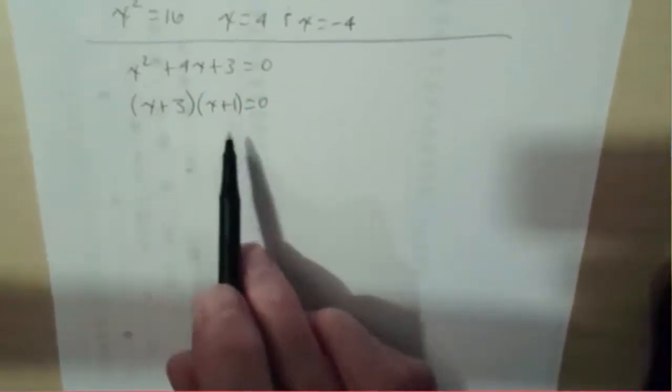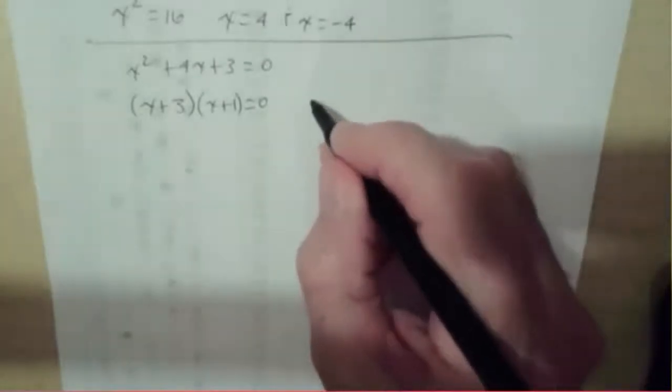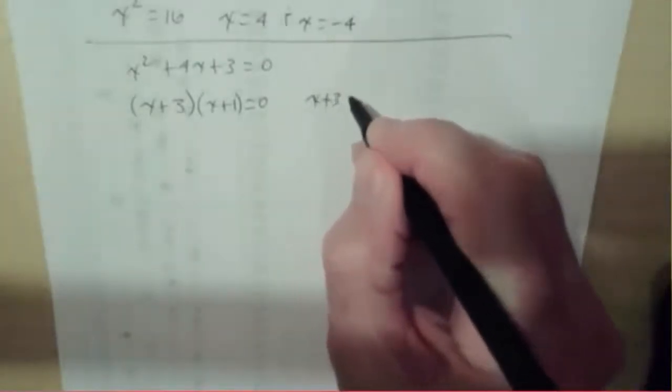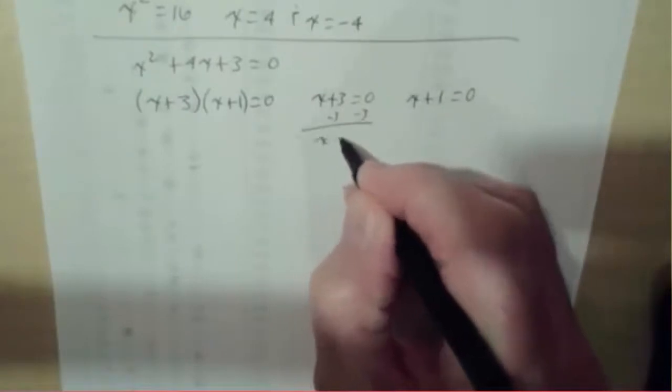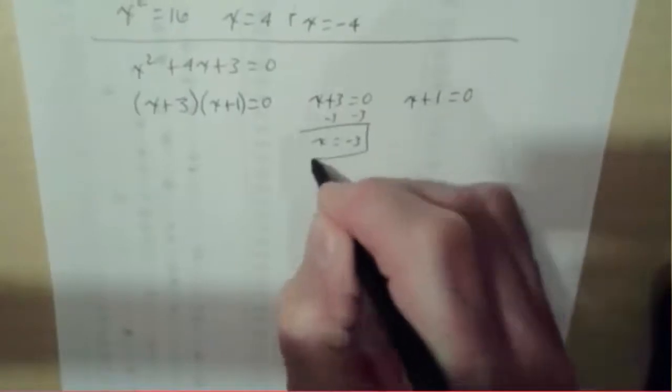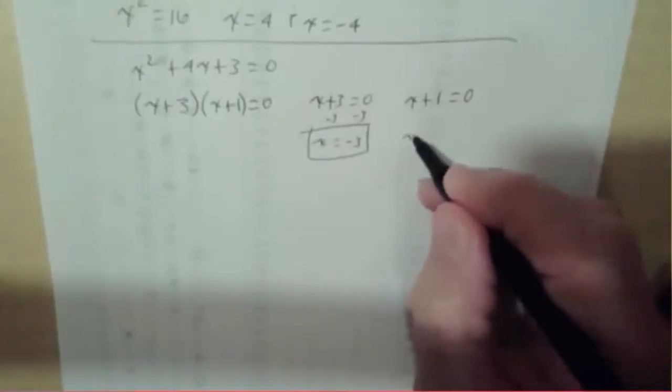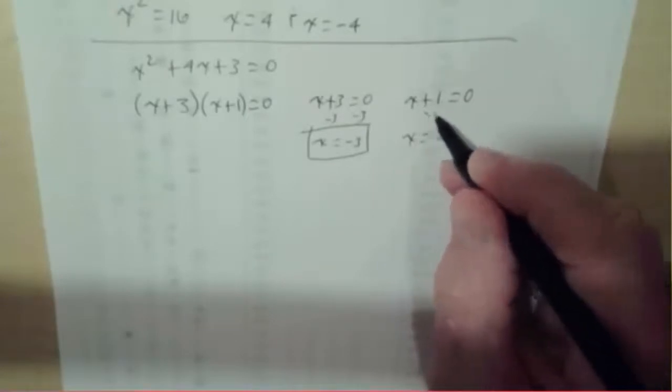So we're going to take each one of these factors and set them equal to 0. x plus 3 equals 0, and x plus 1 equals 0. Subtract 3 from each side: x equals negative 3, and here x is negative 1. Subtract 1 from each side.